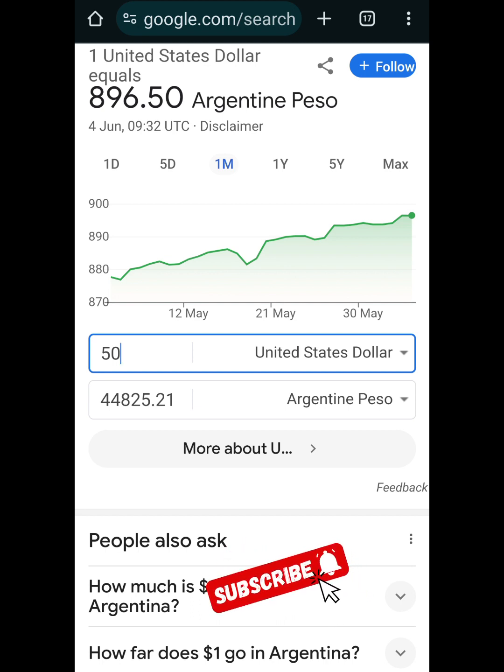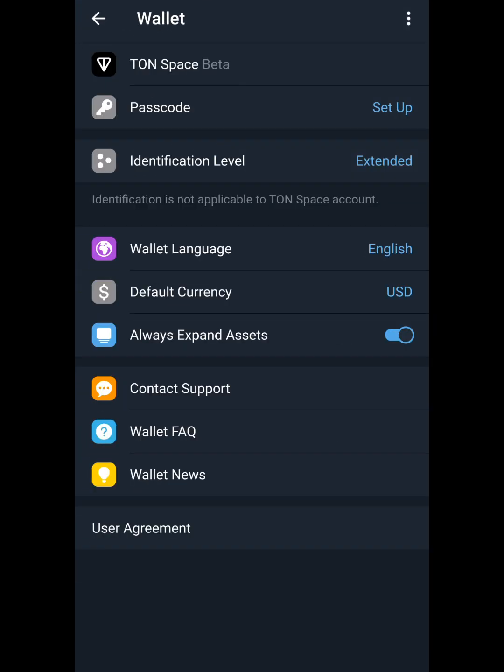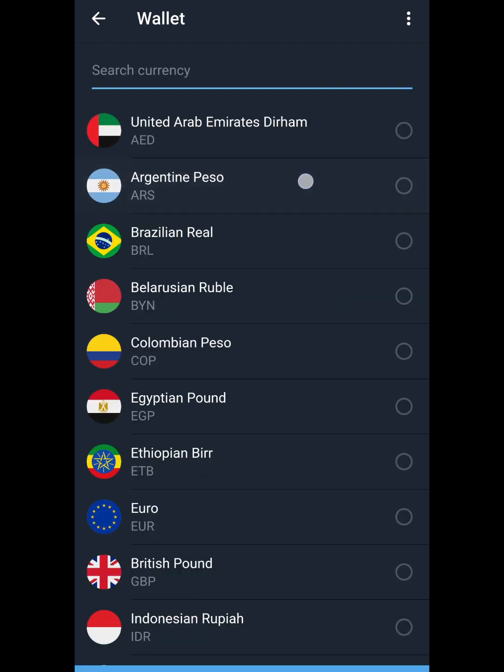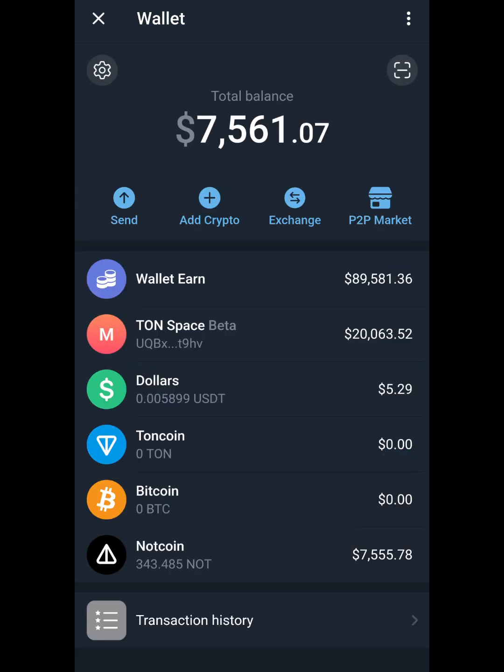And the thing with Argentinian peso is they use the US symbol. So that's why when you go to your settings and you change this to Argentinian peso, it still carries the US dollar symbol. But this is not the actual amount. This is not your actual amount in actual USD.